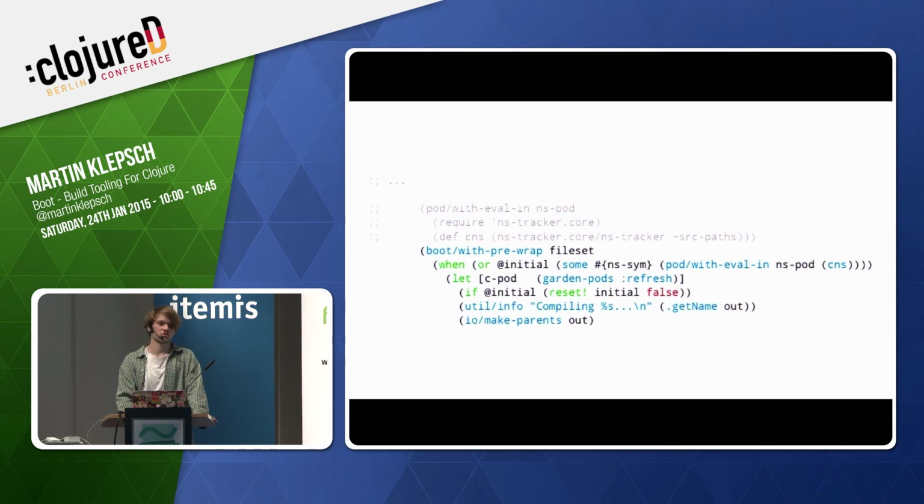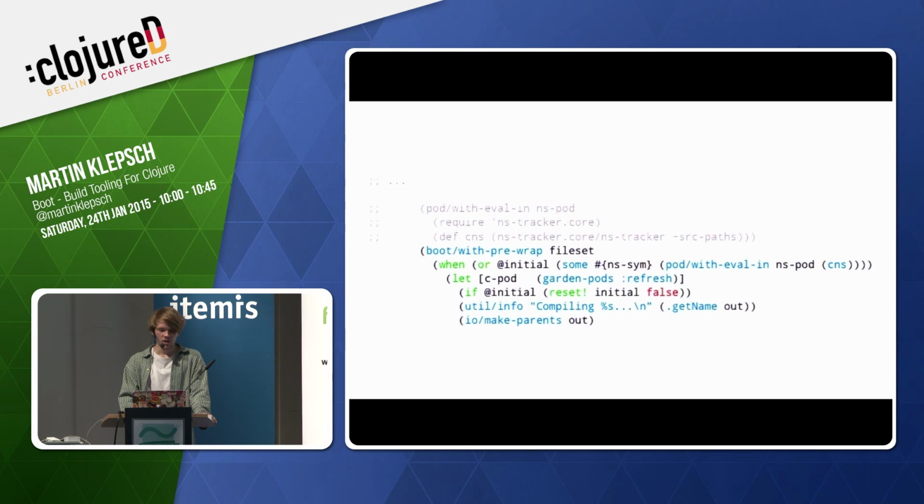So that's the atom you saw earlier. And if it is the initial run, then do this, or if the namespace that has been passed to this task earlier is in the list of changed namespaces, then we also want to run this code, right?